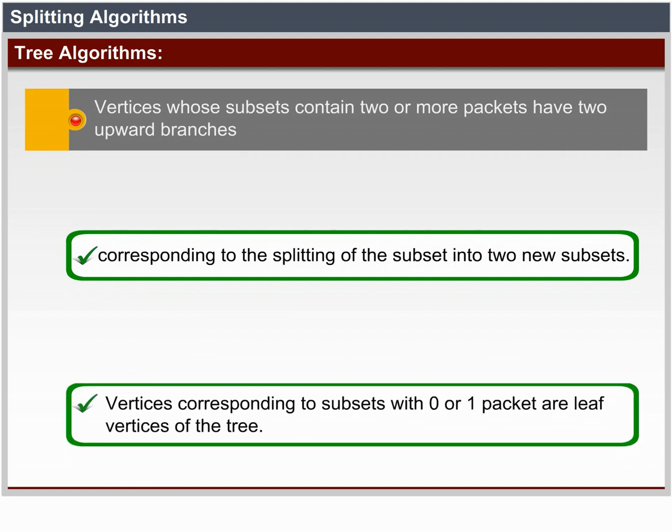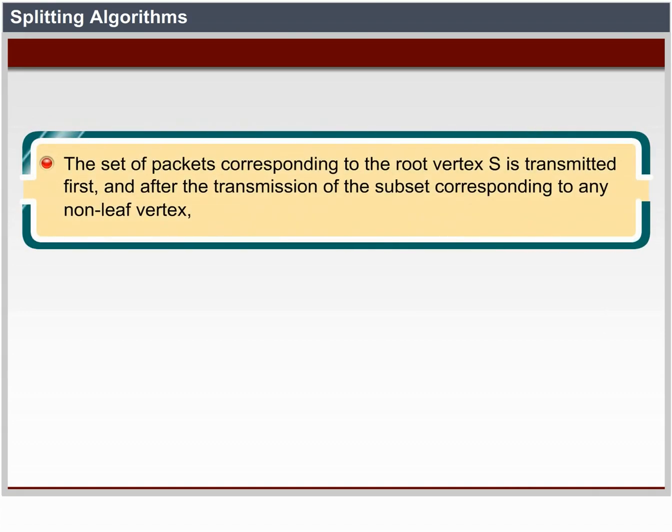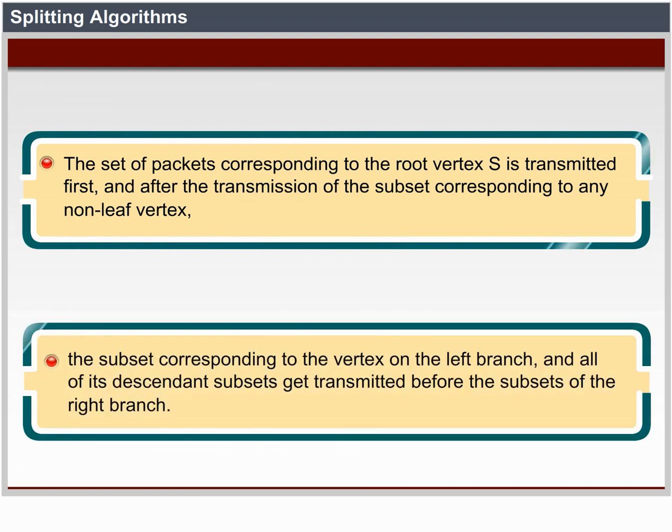Vertices corresponding to subsets with 0 or 1 packet are leaf vertices of the tree. The set of packets corresponding to the root vertex S is transmitted first, and after the transmission of the subset corresponding to any non-leaf vertex, the subset corresponding to the vertex of the left branch and all of its descendant subsets are transmitted before the subsets of the right branch.